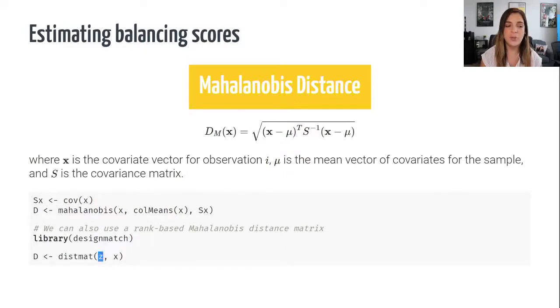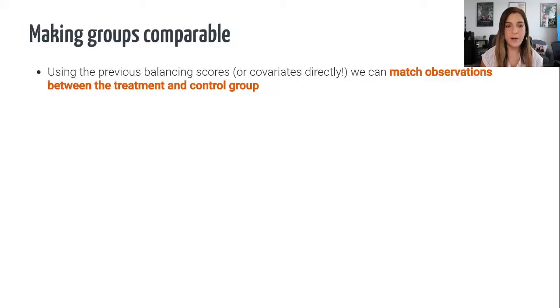In this case, you just have to give the function smahal the vector for the treatment assignment and the matrix of covariates. And you will get your Mahalanobis distance. You can use both of them in R very easily. A lot of the times you don't need to construct this separately. You can just use them within the matching package, as we will see when we start playing with R.